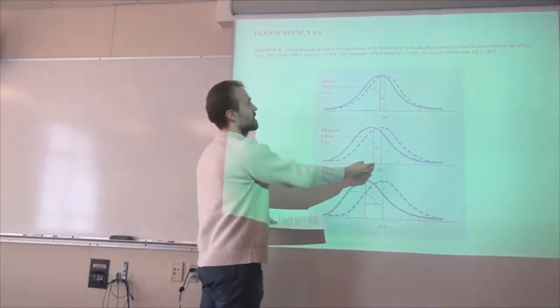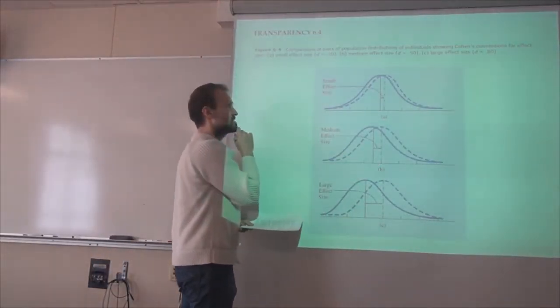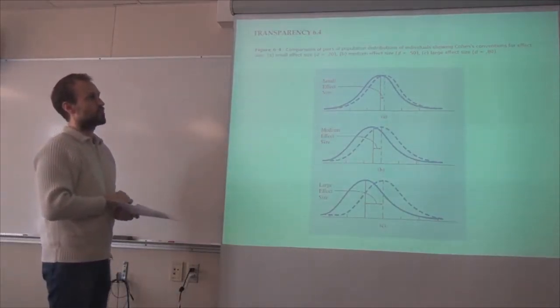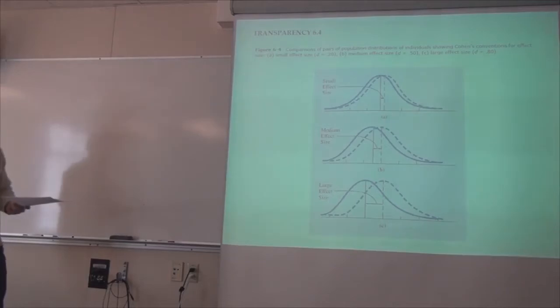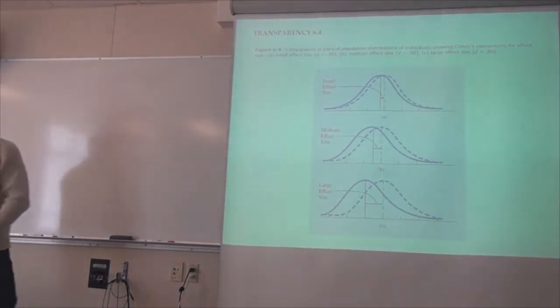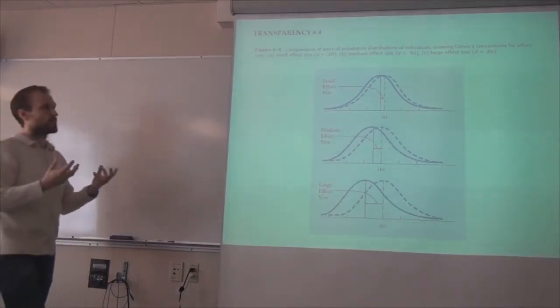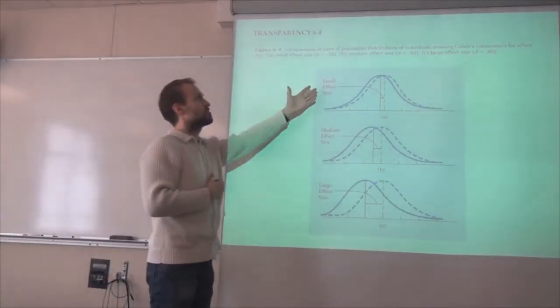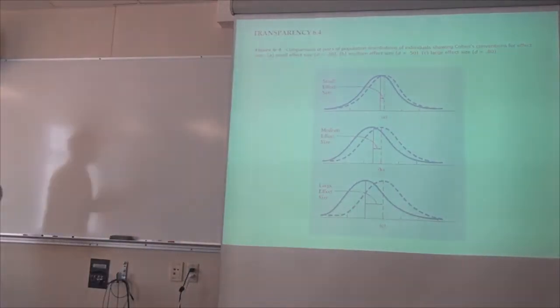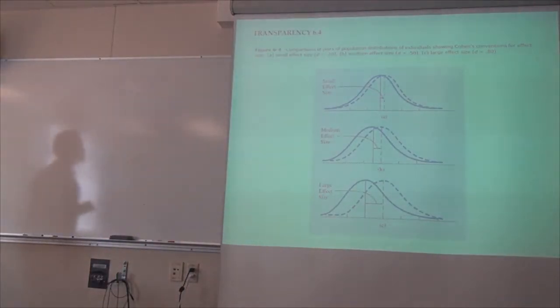If I get a value around 0.5 for D, that is considered medium. And if I get a value of 0.8, that is considered a large effect size. So between different studies, between different treatments, I can easily compare. Oh, one has a D of 0.2, the other one has a D of 0.5. So the 0.5 has a bigger effect on the population.